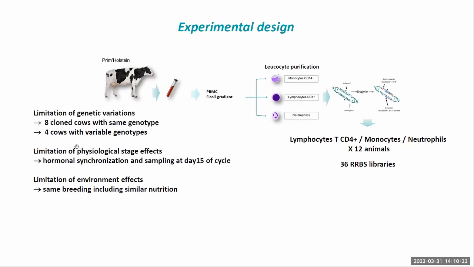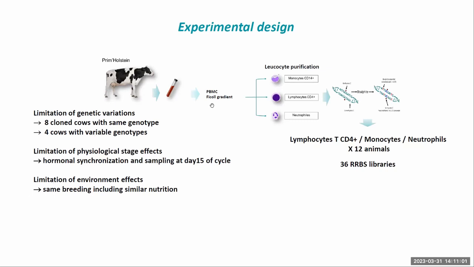We also limit the physiological stage effect because all animals were submitted to hormonal synchronization, and the sampling was performed at day 15 of the cycle, and we limit the environment effect because all animals were in the same breeding.